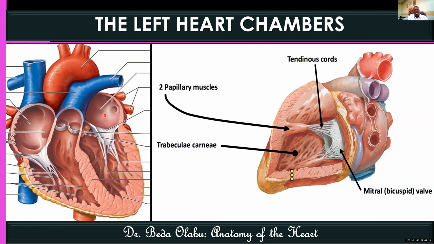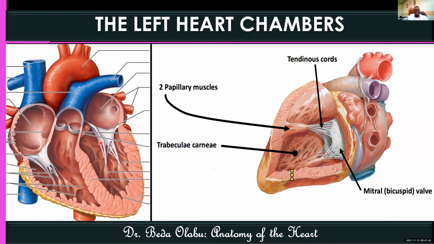So the left auricular appendage is trabeculated, but the rest of the left atrial chamber is just smooth. Remember, there are 4 veins that open into the left atrium. From the left atrium, we have the mitral valve that takes you to the left ventricle.